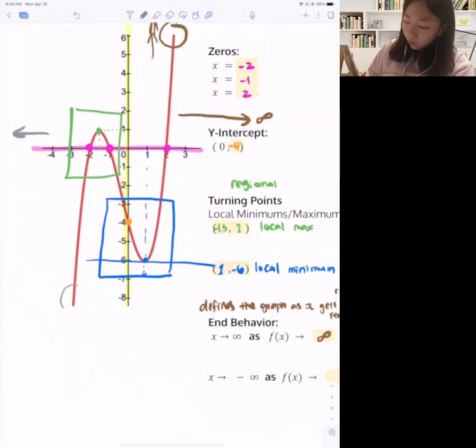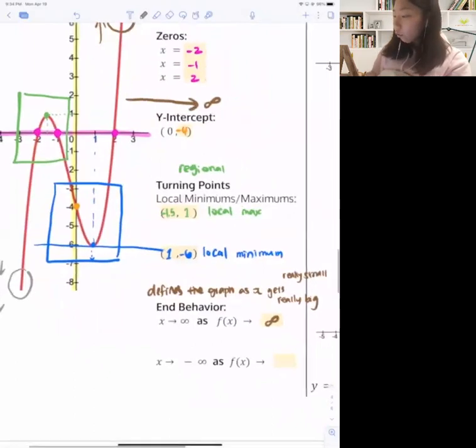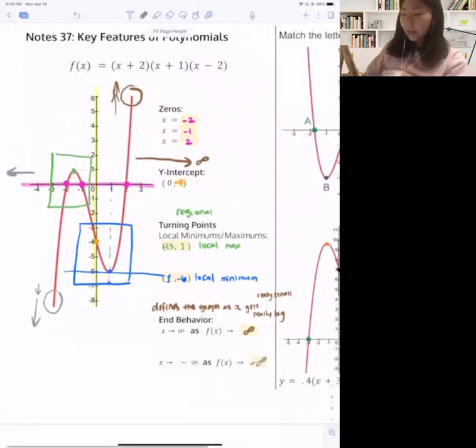Our y function is moving downward, so even when our x value gets super far left, our y function is still going downward. So when x is approaching negative infinity, our y function is also approaching negative infinity. That's how you can explain this graph and find the zeros, y-intercept, turning points, and end behavior of this example.